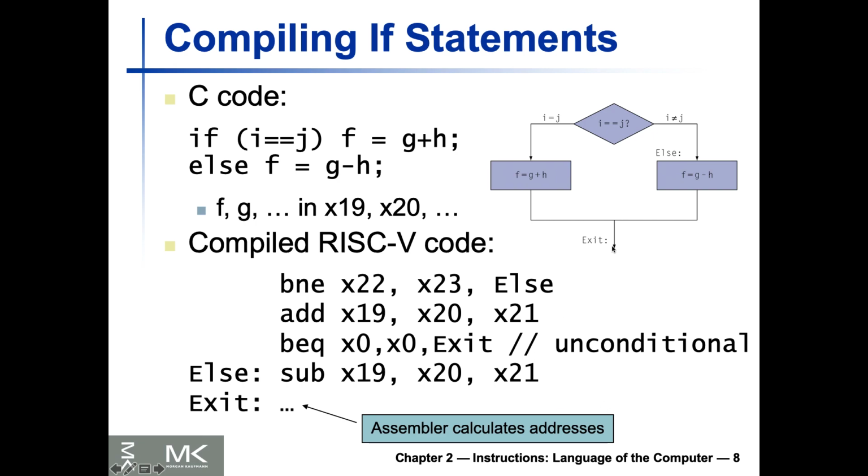At the end, we have an exit point, because no matter what condition brought you here, you're going to exit here, and that's why we call it unconditional, because it doesn't matter. That's why this branch equal x0 is always taken, since x0 equals x0, so definitely you're going to exit here. You're going to jump over this line. Is it clear up to now?